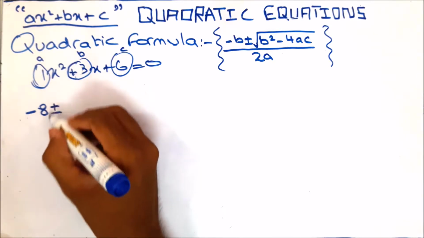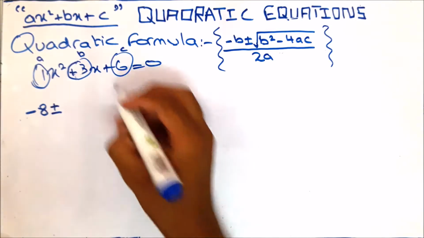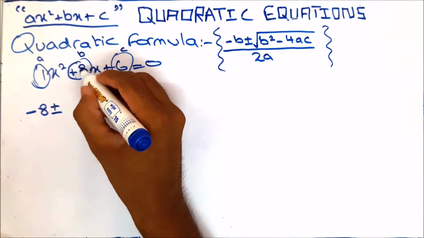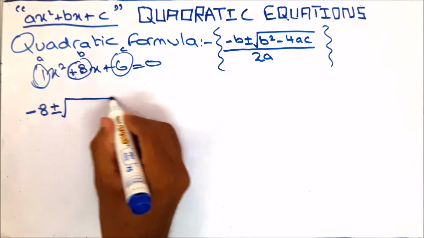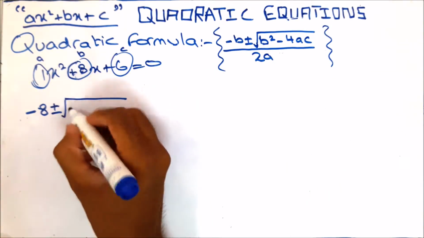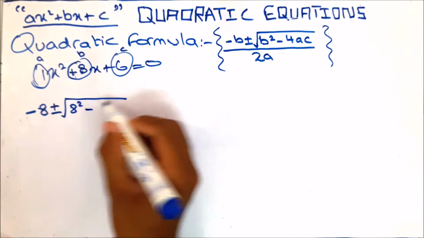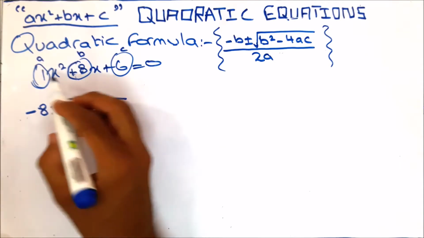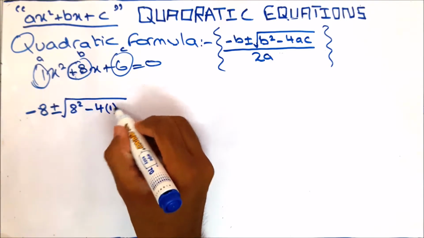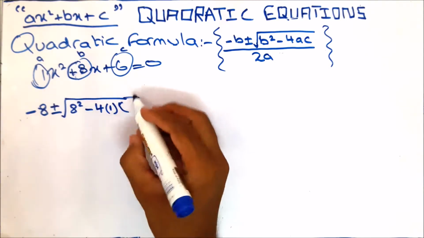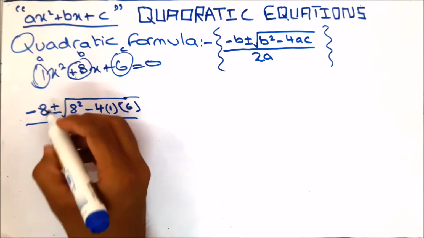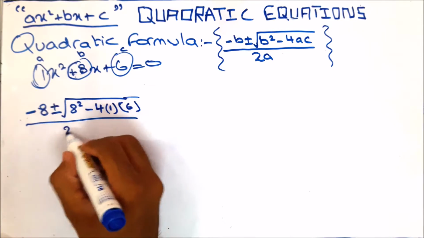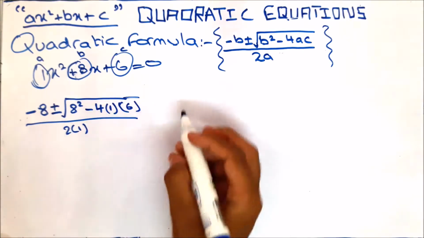We'll see why it's plus minus later in this video. So plus minus the square root of b squared, 8 squared, minus 4 times a, which is 1, times c, which is 6, and divided by 2 times a, 2 times 1 is 2.